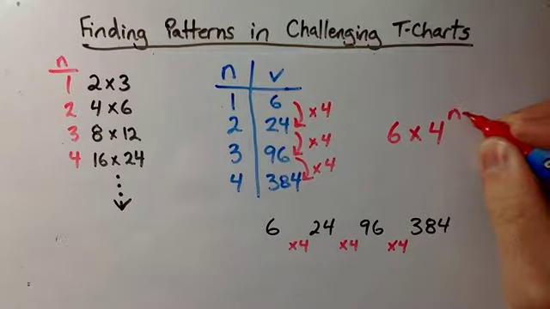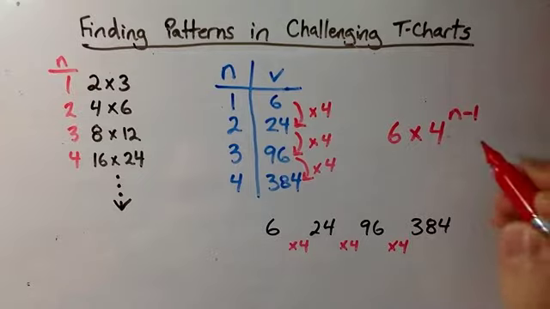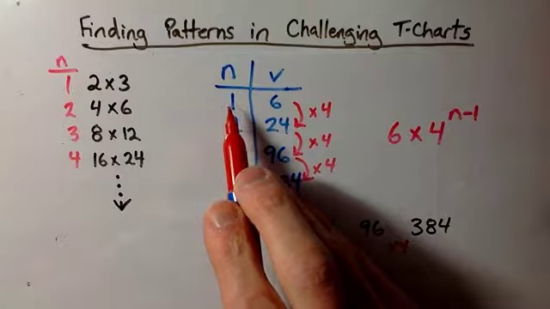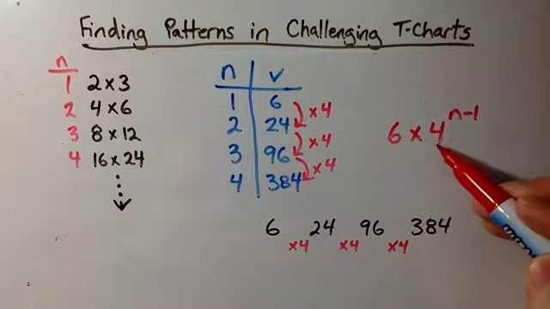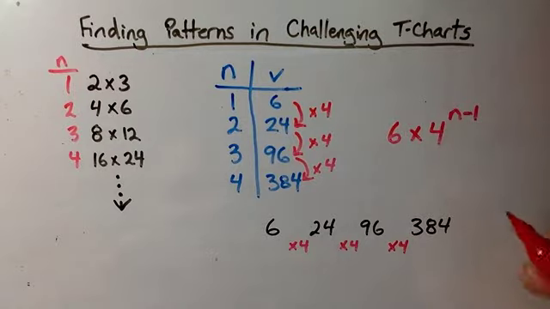However, and we have not learned this in grade 8 yet, if you have something to the power of 0, so on my first term, when n equals 1, that number is always going to be equal to 1. It's a bit of a mathematical trick, but just go with it for right now.